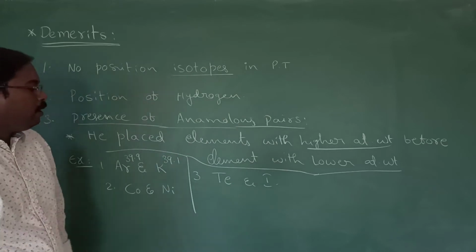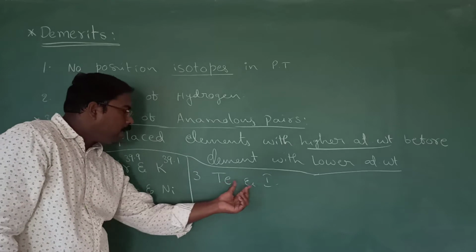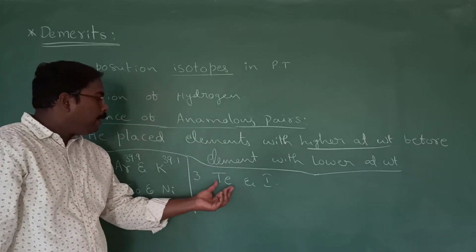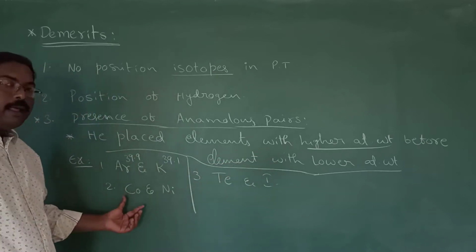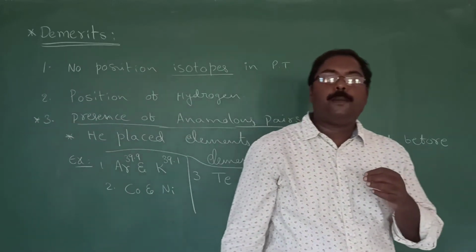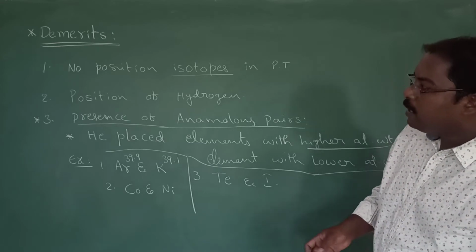Iodine has 127.3, and tellurium has around 127.8. But he placed tellurium before iodine. So these types of pairs of elements are known as anomalous pairs. Note this down.